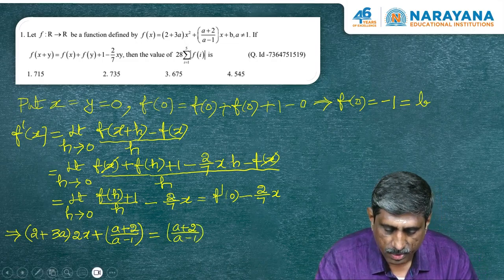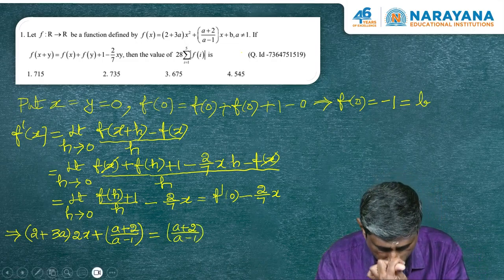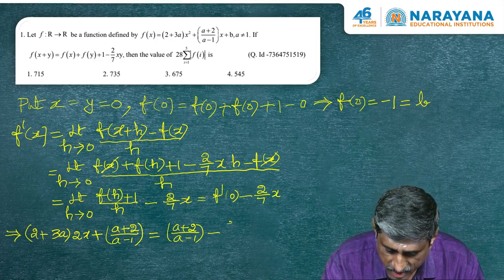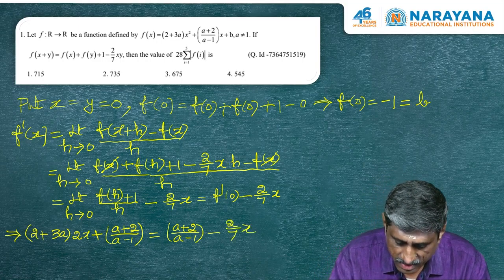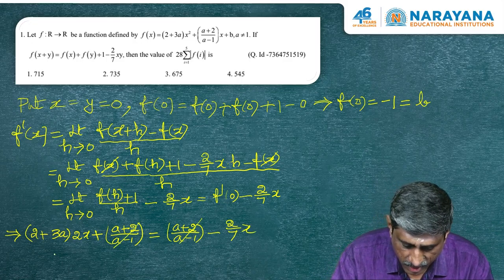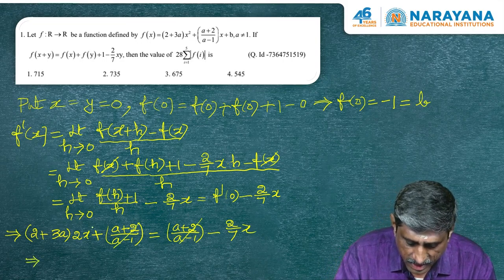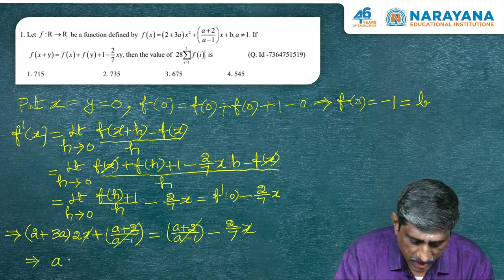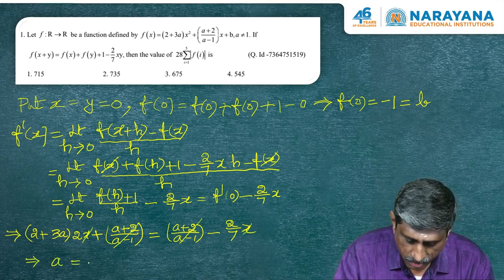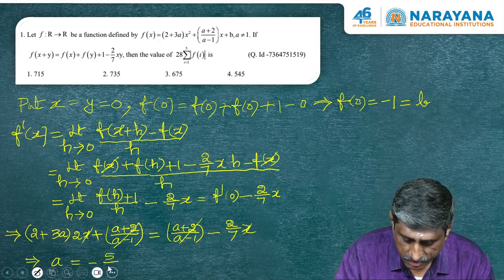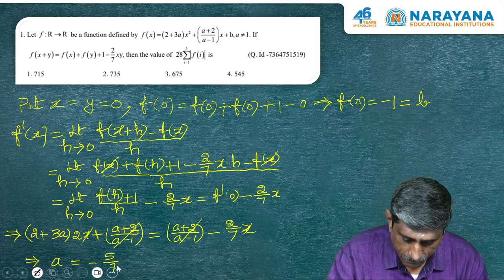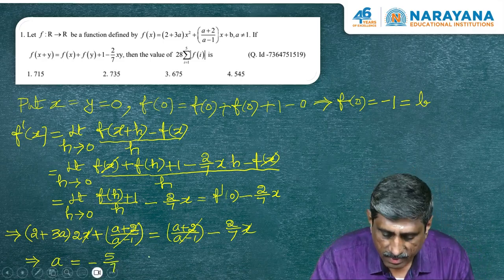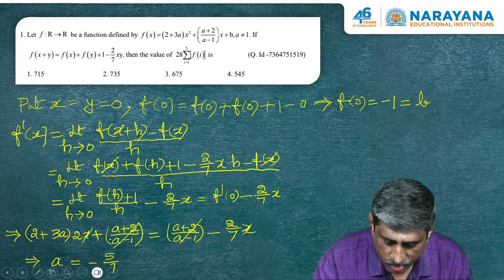Directly, f dash of 0 minus 2 by 7 into x we are getting. So, when you cancel (a plus 2) by (a minus 1) here, and when we cancel this x also here, we are getting the value of a is equal to minus 5 by 7 on simplification. So, we got the value of a as well as b.